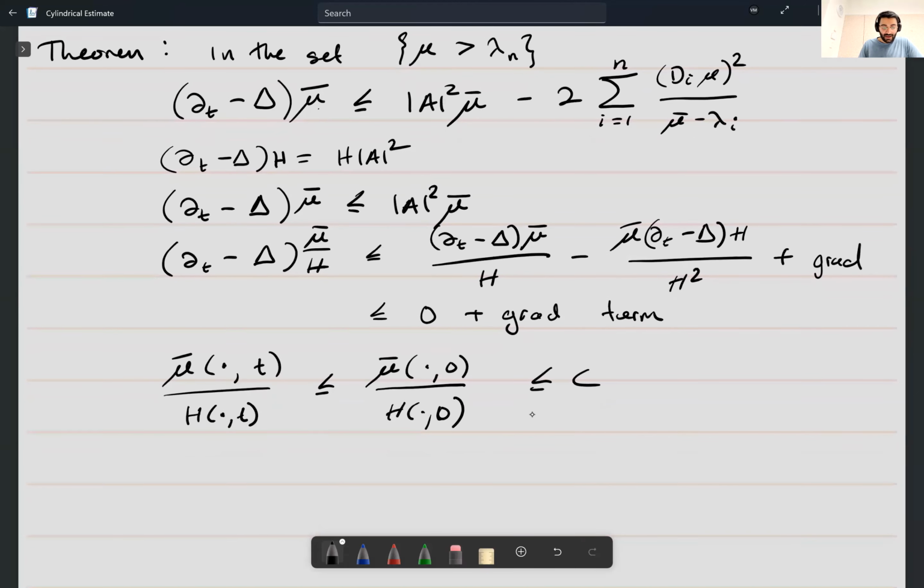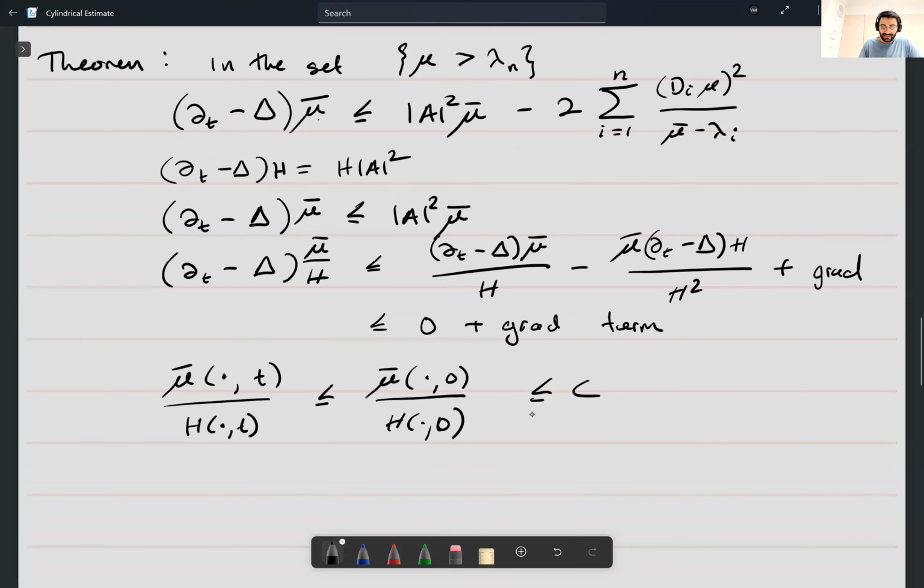Maybe I should say what I mean by this is true, because mu bar is only Lipschitz.